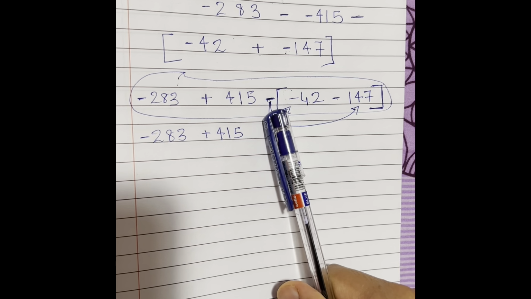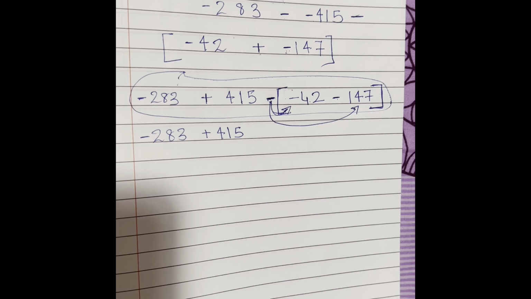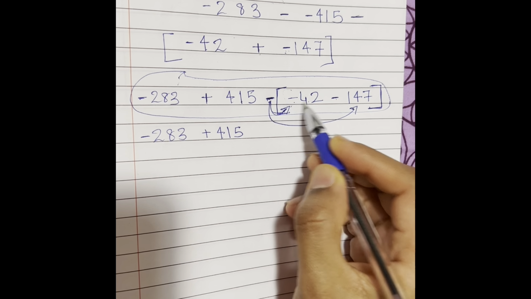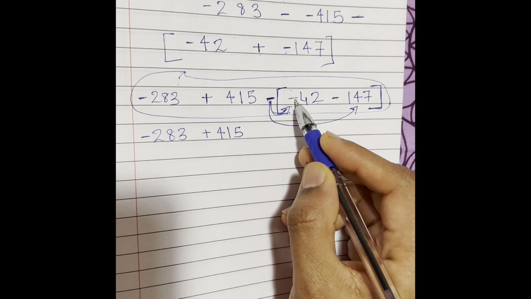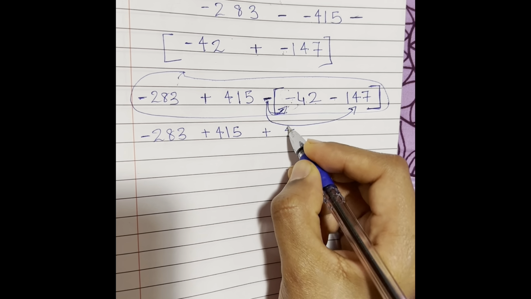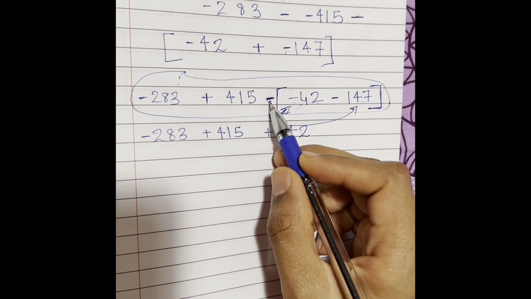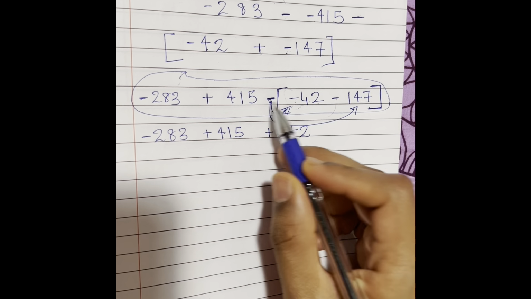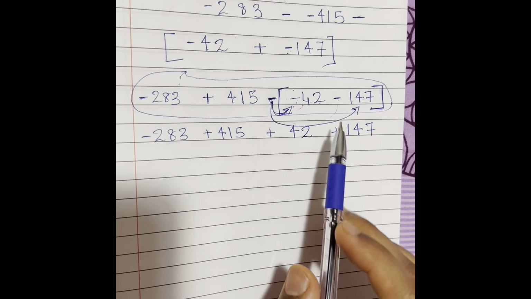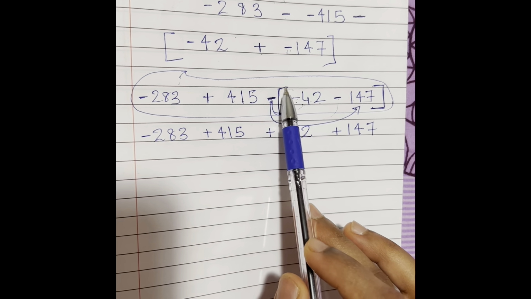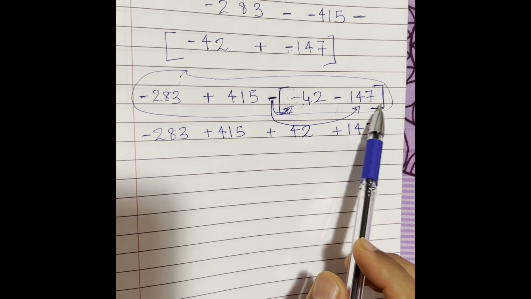So this minus is applicable for minus 42 as well as for minus 147. So minus minus 42 is what? Minus and minus means plus 42. Then this minus is going for minus 147 also, so minus minus 147 is plus 147. Did you understand this? This is a very crucial step. Minus should be taken to both 42 and 147.